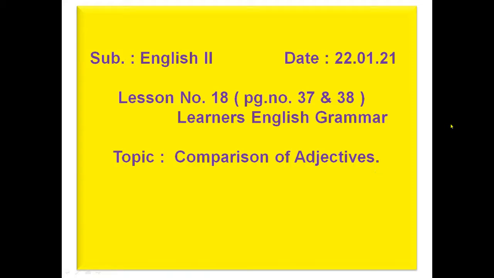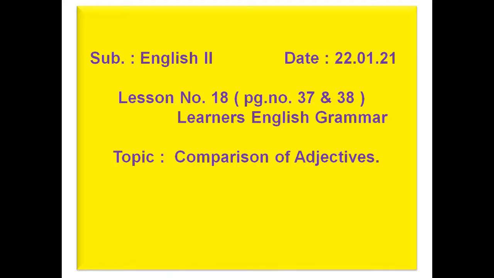Students, we have already learned about the nouns. The names of persons, animals, things, places are called nouns, right? And to say something more about nouns, we use describing words, that is, adjectives. This also we have learned in our previous video.